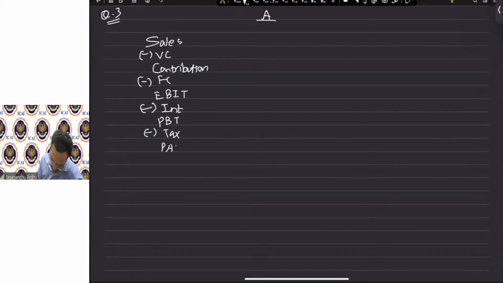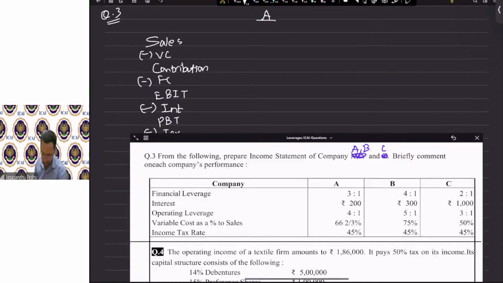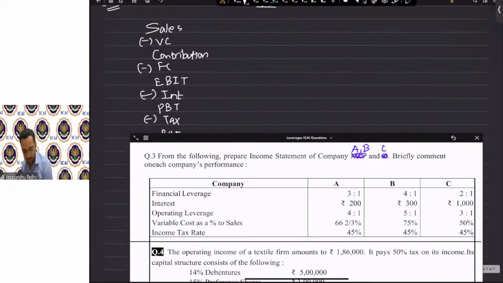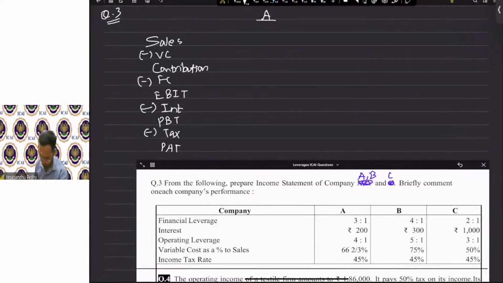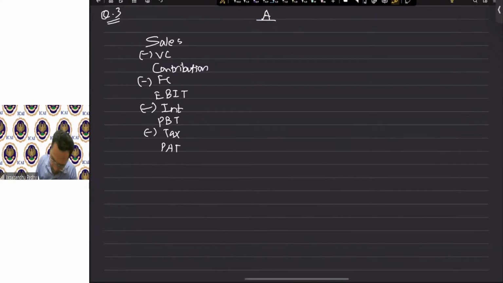Less tax will give you profit after tax. Okay. So now, as far as the numbers are concerned, we have an interest of 200 rupees. So let me just put that 200 interest over here.